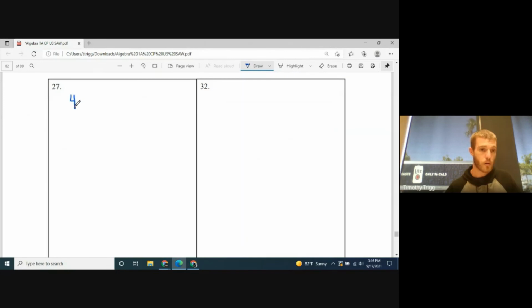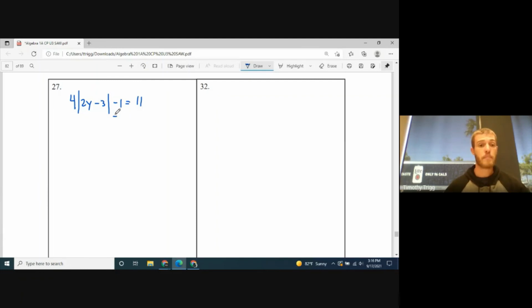Here we have 4 times the absolute value of 2y minus 3, then minus 1 equals 11. So here we want to get the absolute value alone first.